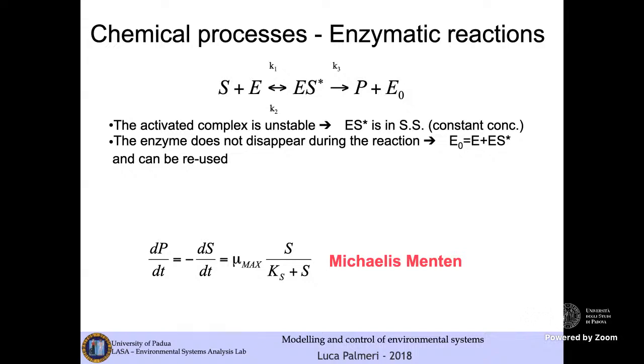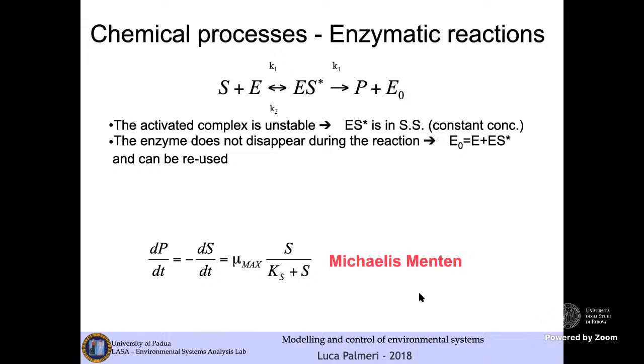So you may write that the variation in time of the substrate is equal to minus a constant mu max, what we may call the maximum growth rate, times this quantity, that is the concentration of the substrate divided by Ks, that is the semi-saturation constant, plus, again, the concentration of substrate.